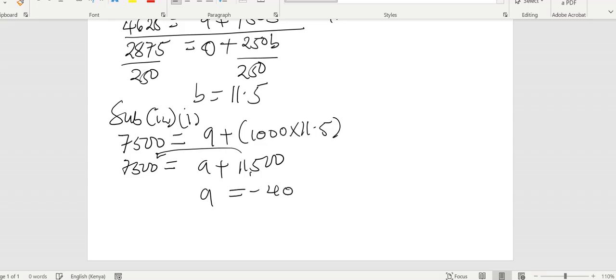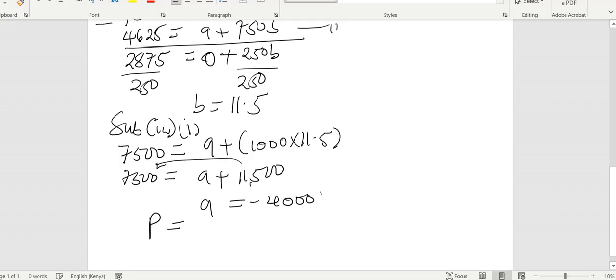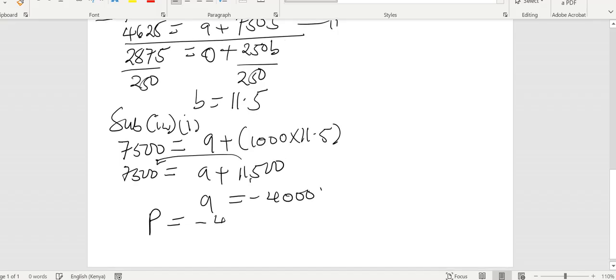So our equation will be P equals negative 4,000 plus 11.5Q.